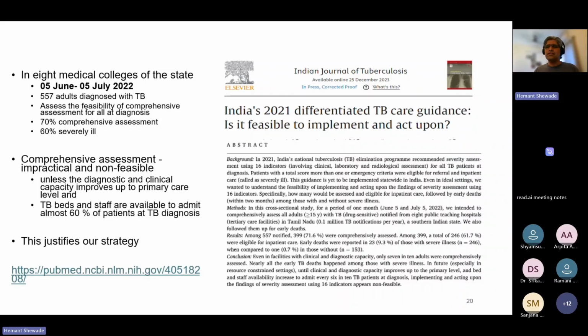So what would happen is someone with elevated or abnormal lab values will also be eligible for inpatient care. Someone who is really sick based on these triage variables will also be eligible. So in resource constrained settings, we feel that those who are actually more sick may not get prioritized for inpatient care. So this was one OR that justified our strategy.